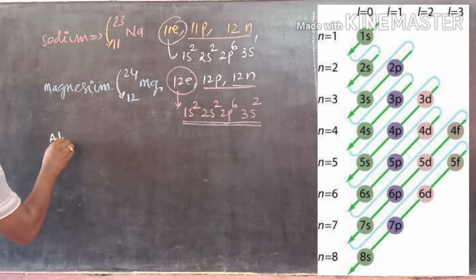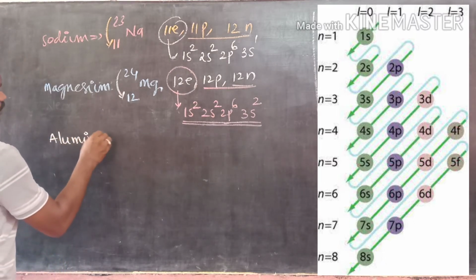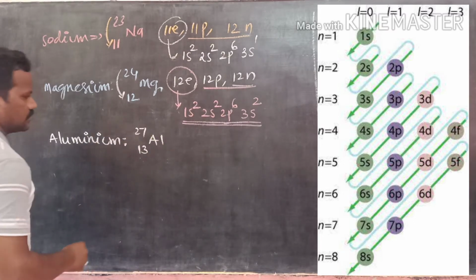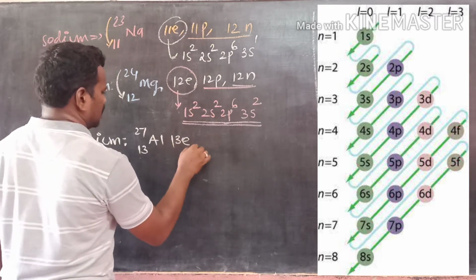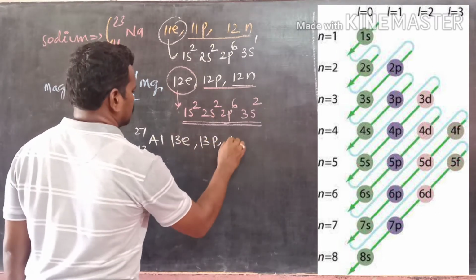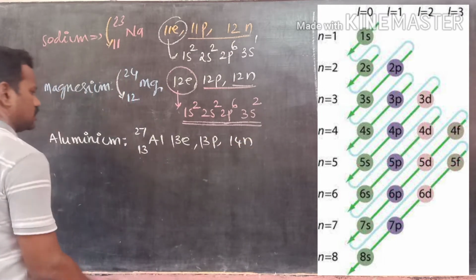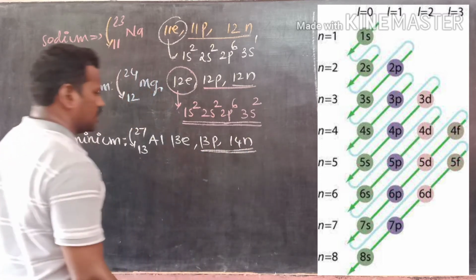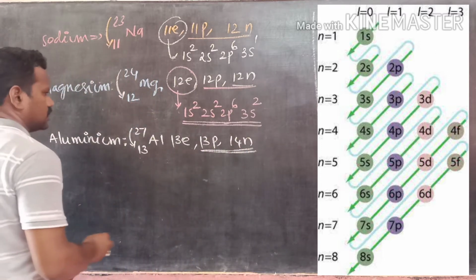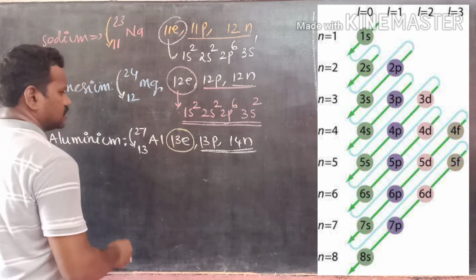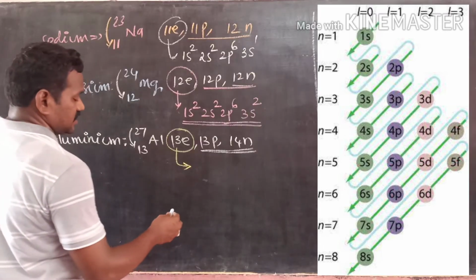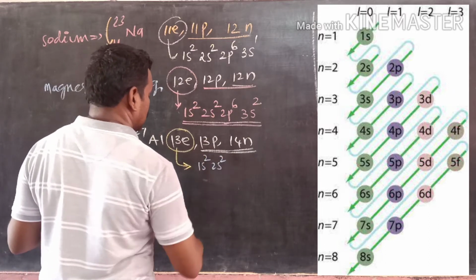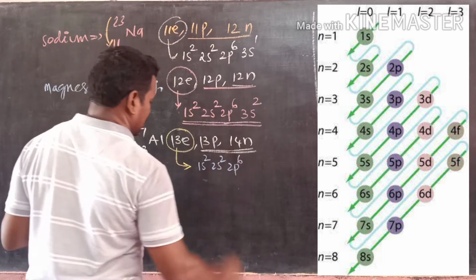Now let us move on to aluminium. Aluminium's representation is Al, mass number 27, atomic number 13. That means it contains 13 electrons, 13 protons, and 14 neutrons, 27 minus 13. These 13 protons and 14 neutrons are inside the nucleus. What about these 13 electrons? They first fill the 1s orbital with 2, the next orbital is 2s, then 2p.